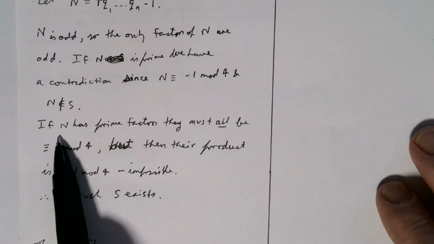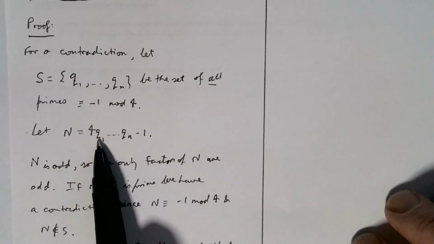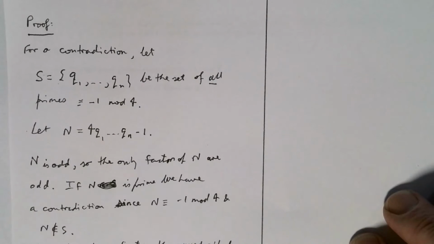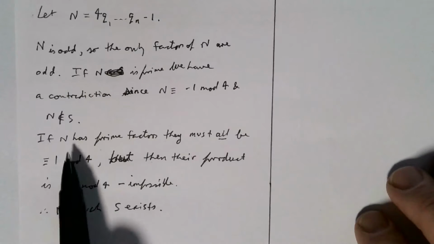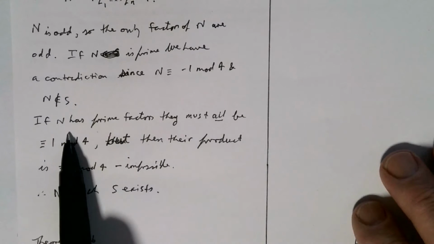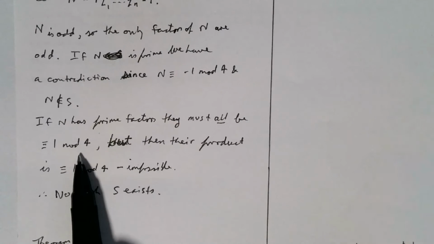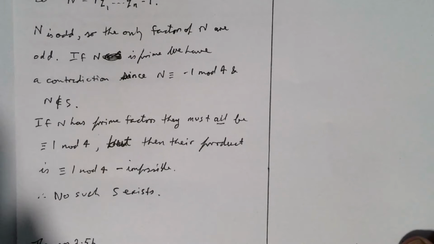Moreover, if you divide n by any of the primes in S, you get a remainder. So if n has prime factors, then they have to all be congruent to 1 mod 4. You can't have any congruent to minus 1 mod 4, because that would also give you a contradiction, as they would not belong to our set S.